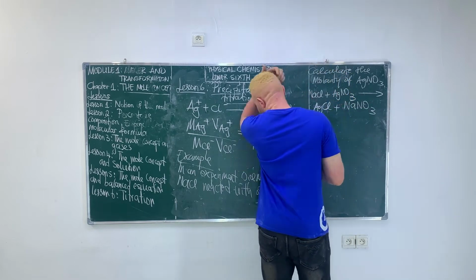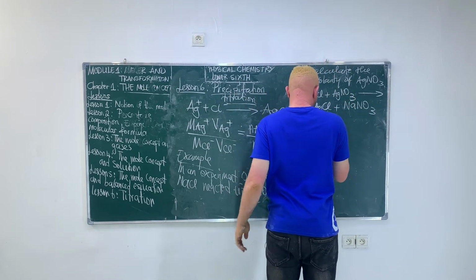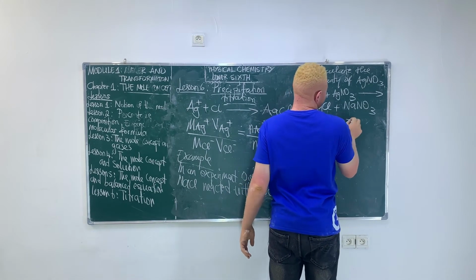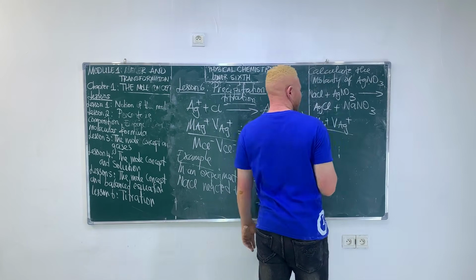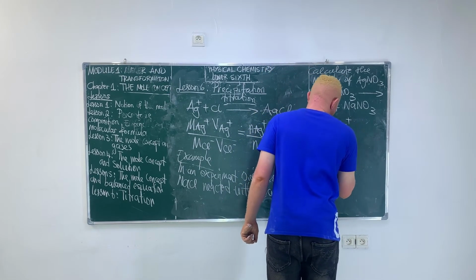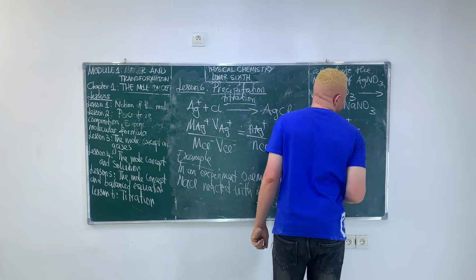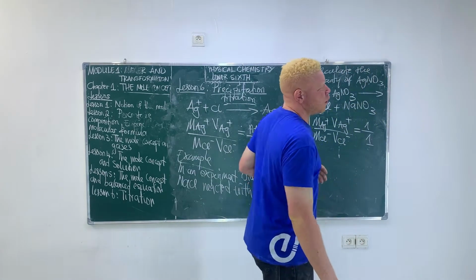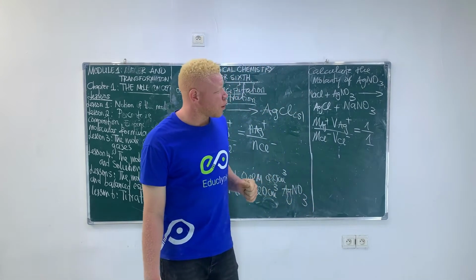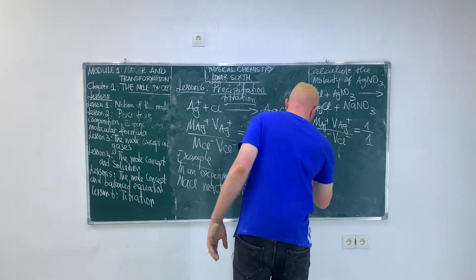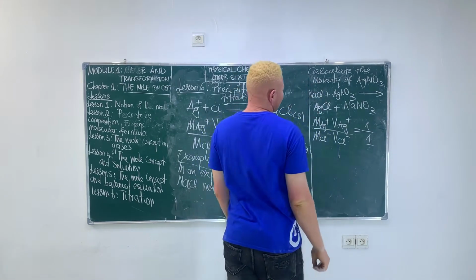Then the formula: molarity of Ag+ times volume of Ag+, divided by molarity of Cl- times volume of Cl-, equals 1 over 1. The stoichiometric coefficient is 1 over 1.